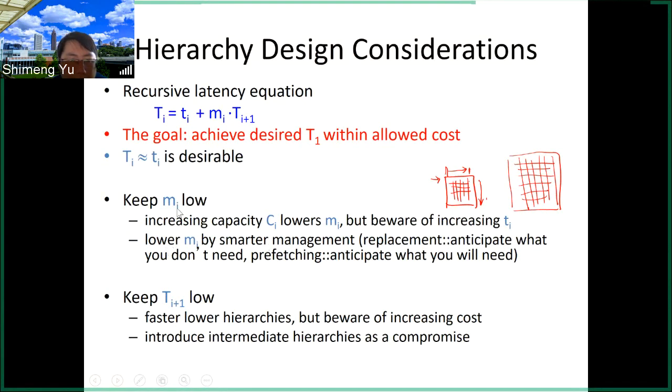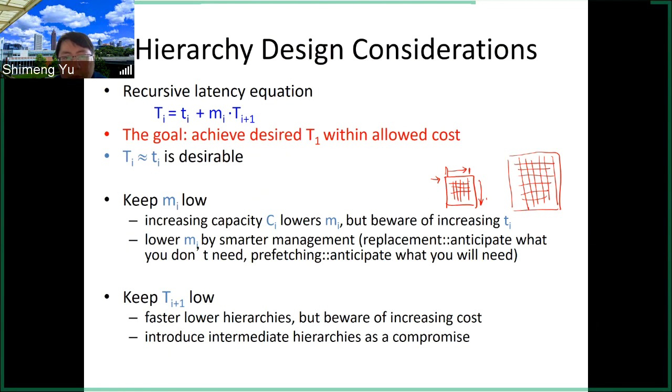And another way to keep the Mi low is to use a smarter management policy. So how do you replace the data in this level I? This is a topic of the computer architecture course. We are not going to discuss it in more detail. Basically, you want to keep the most frequently used data in this level I. You need to predict what's going to happen next.